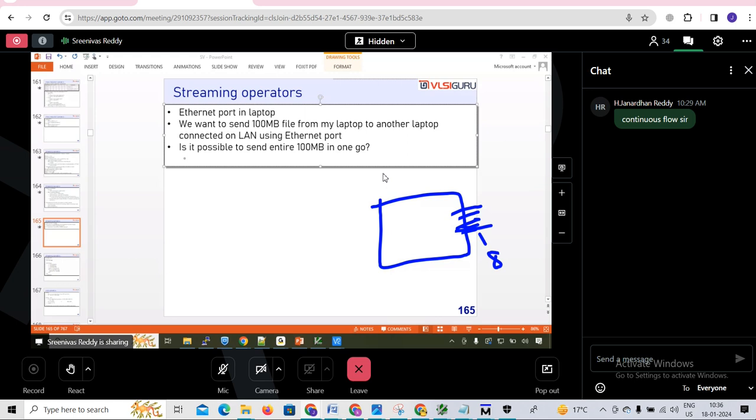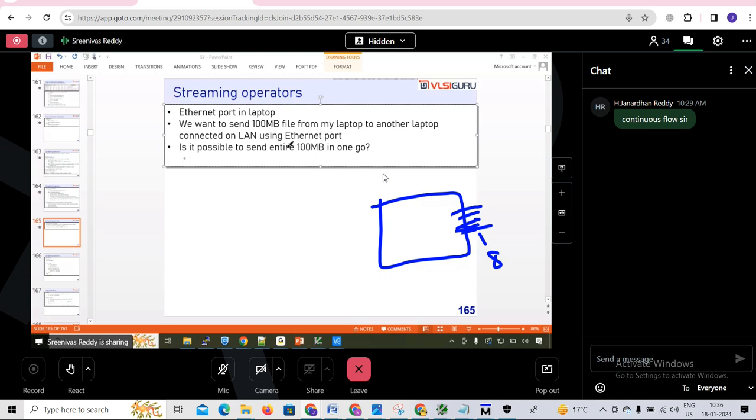Let me again repeat. Imagine you have a laptop. In that laptop, there is an Ethernet port. If you open the Ethernet port and look, you will see the wires, roughly 8 wires, in different colors. Why are those wires there? To carry the information from my laptop to the other laptop, right? If all 8 wires carry the data in one cycle, how much data will go? 8 bits of data.